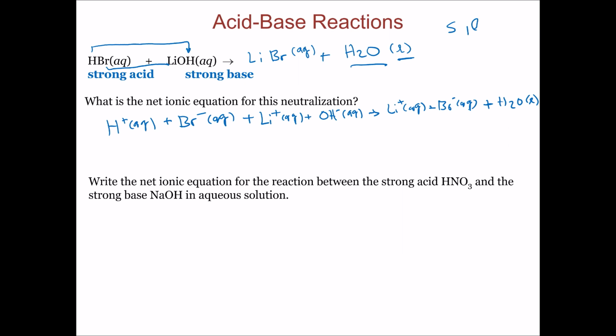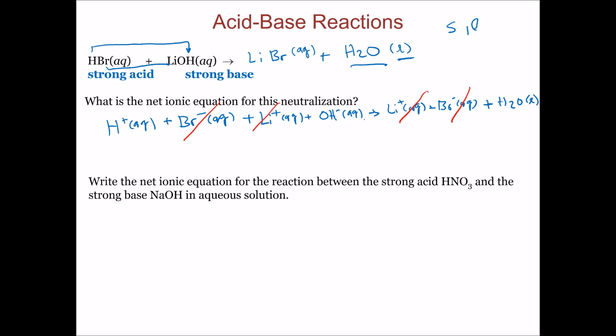Net ionic equation, in this case, you will cancel or cross out any spectator ion, any ion that does not undergo a change during the reaction. If you look at bromide, it remains the same before and after the reaction, so that cancels out.